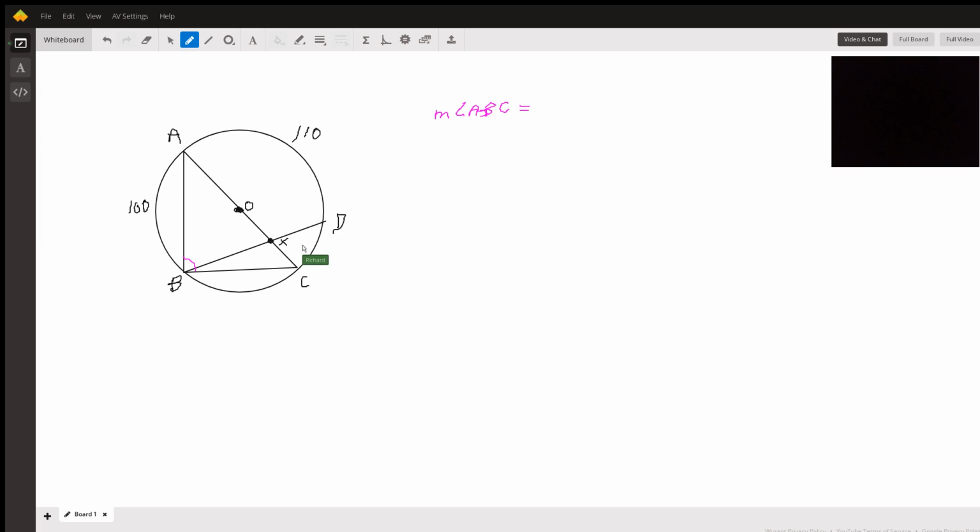Back here. Put a 70 here, because this has to be 180 altogether. We don't really need it right now, but it's good to have it.